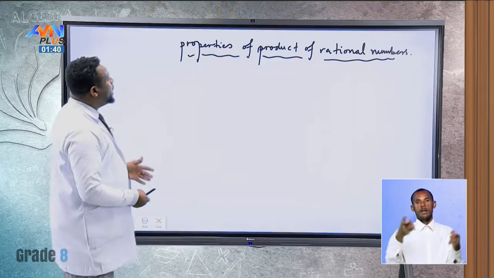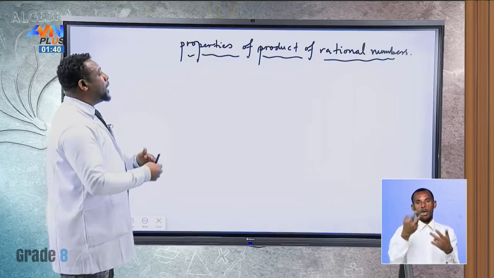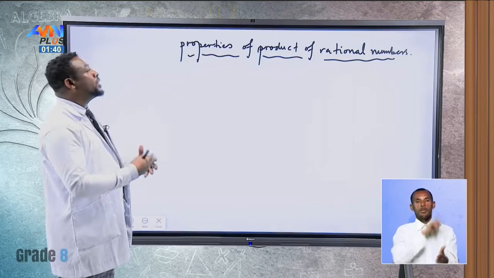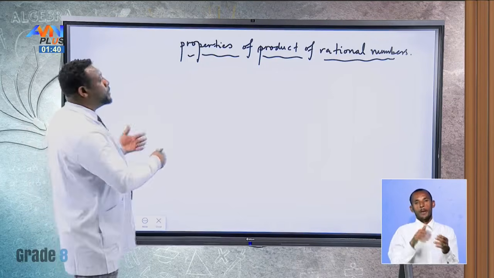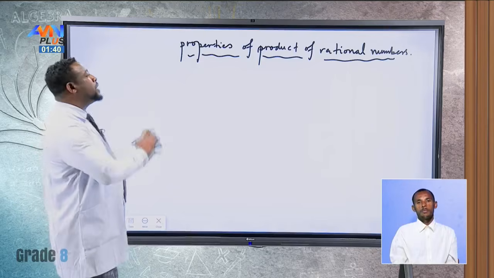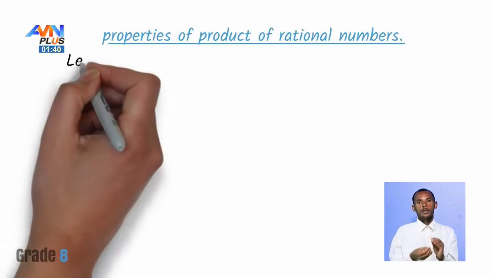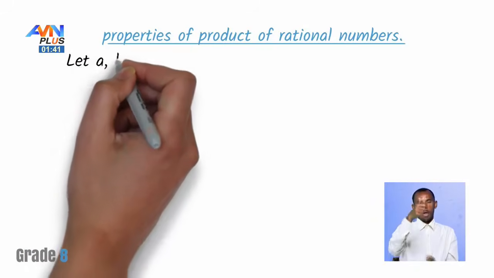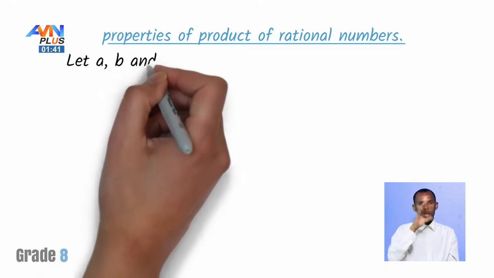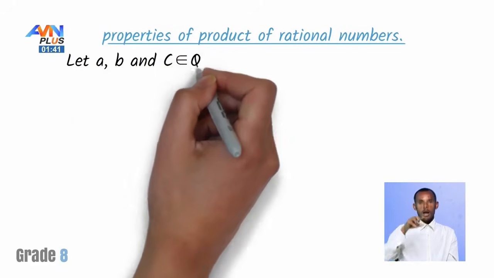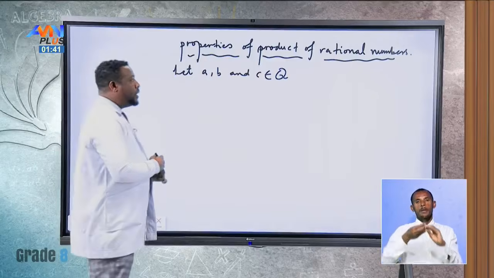Here, similarly, we will have some properties associated with product of rational numbers. Say, let A, B, and C are an element of rational numbers, okay?